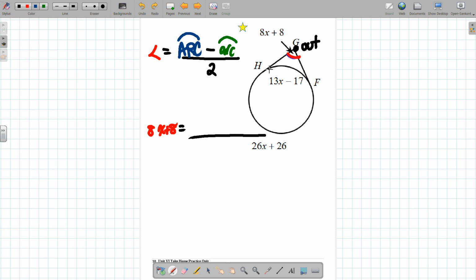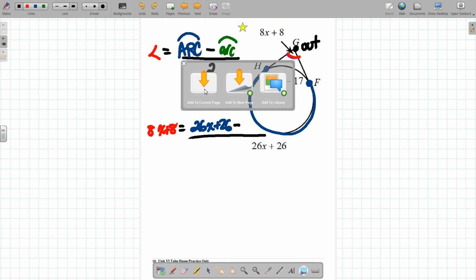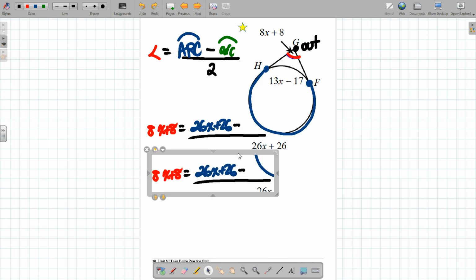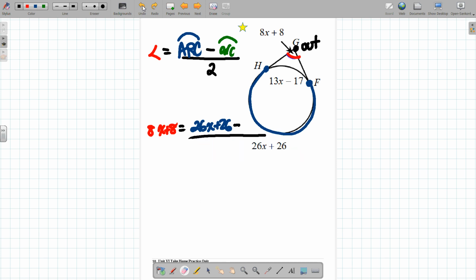Our big arc is going to be 26x plus 26 minus parentheses 13x minus 17, which is that right there.